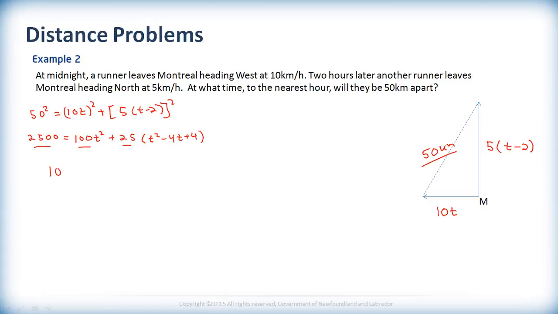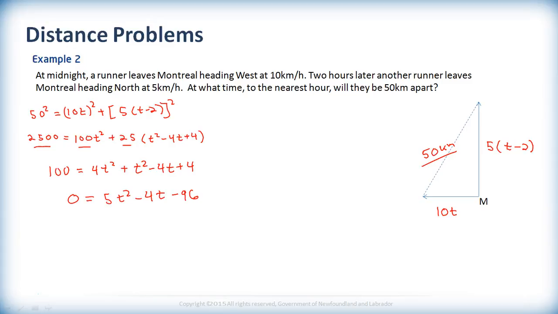So this is going to give us 100 equals 4t squared plus t squared minus 4t plus 4. That simplifies our equation a lot. Let's put it all together here. We're going to have 5t squared minus 4t, and then 4 minus 100 is negative 96.